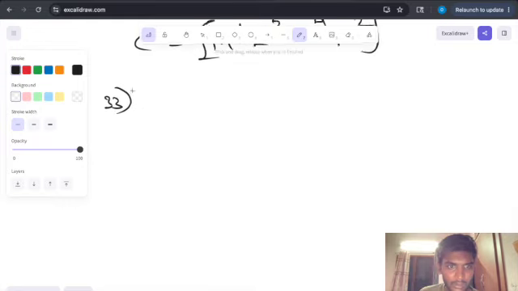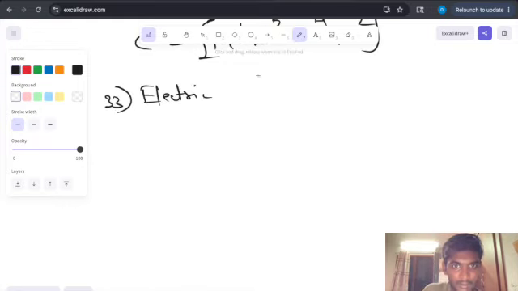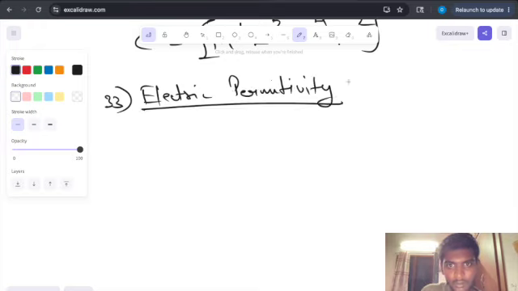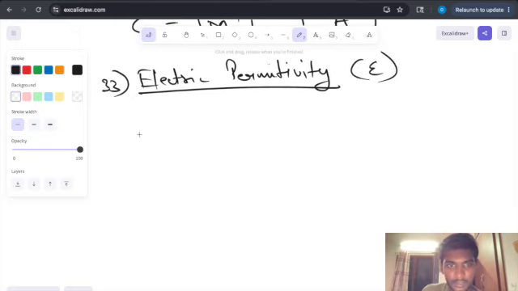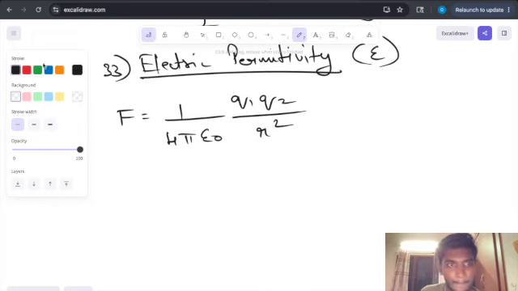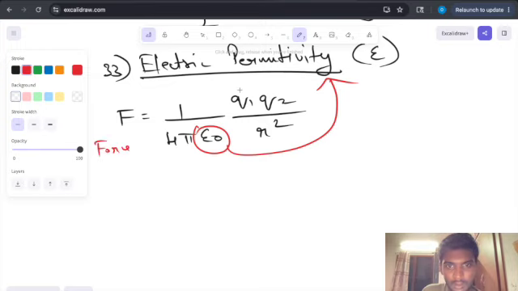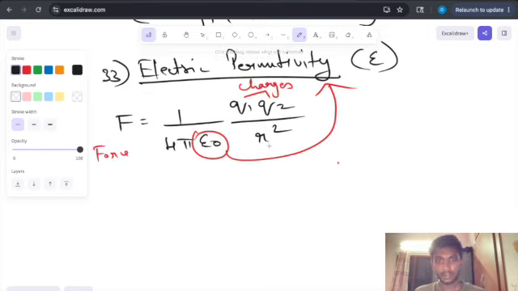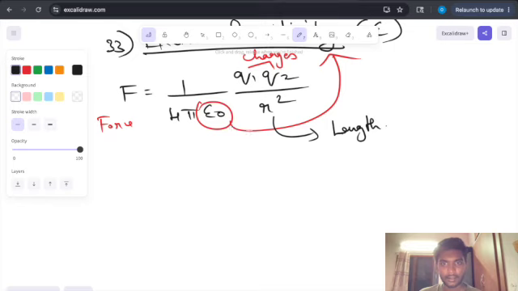Next, we have electric permittivity, which is denoted by epsilon. There's a formula: F is equal to 1 by 4 pi epsilon naught, Q1 Q2 by R squared, where epsilon is electric permittivity, F is force, Q1 and Q2 are charges, and R is length, basically a measurement of length.